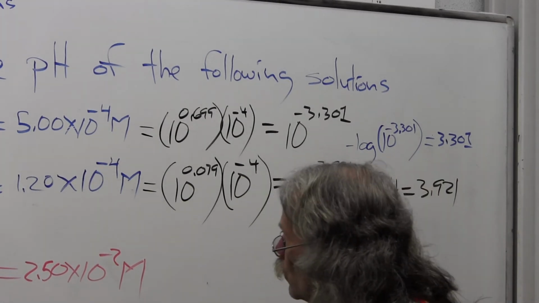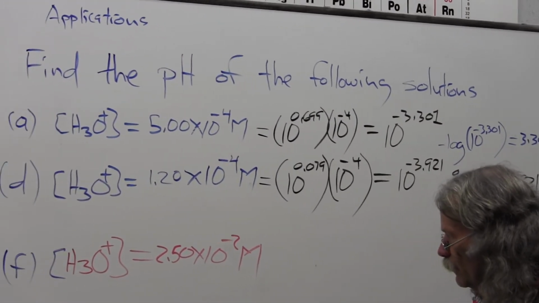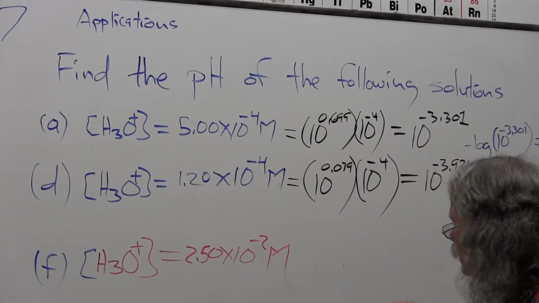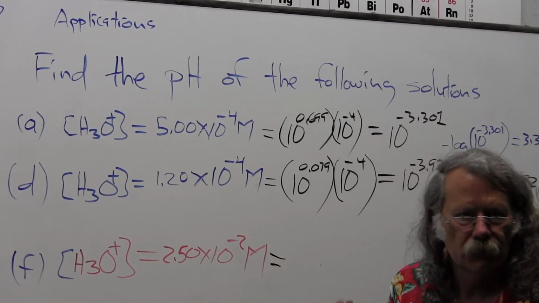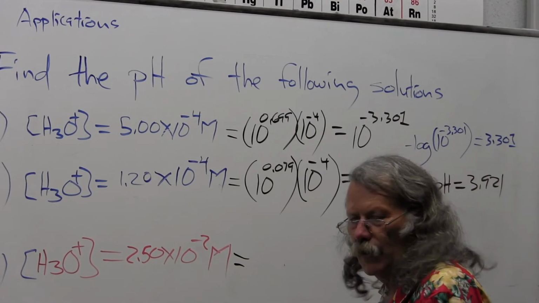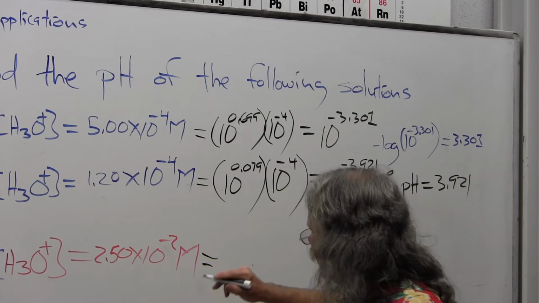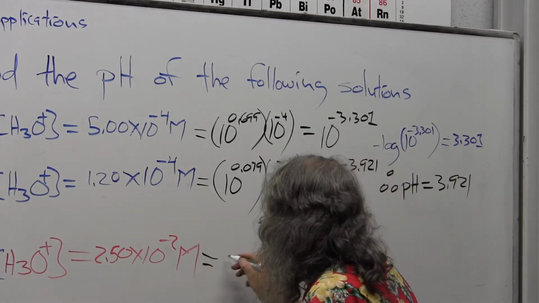And now for the last example, if the hydronium ion concentration is 2.50 times 10 to the minus 2. There's just one more, just for good measure, the same thing. In this case, 2.5, let's go ahead and work this one out.